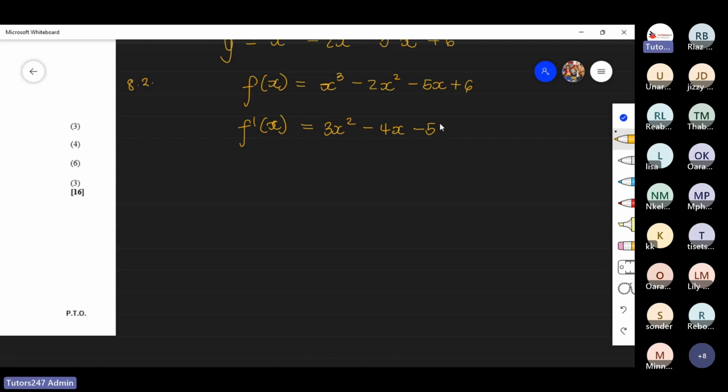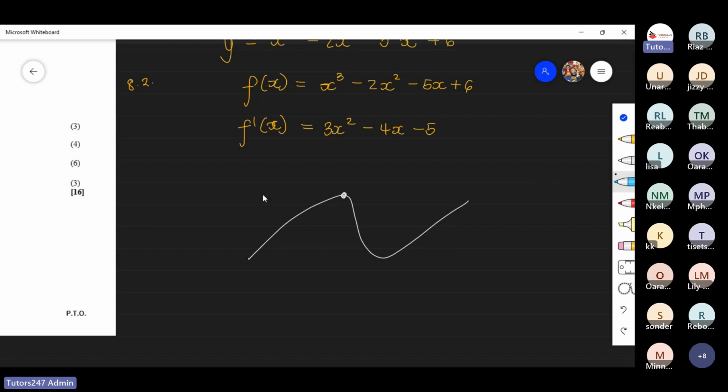From here, we need to equate this equation to 0. Why do we say that the derivative is equal to 0? The reason is because of the gradient at those points. Let us draw a cubic function and look at this maximum.